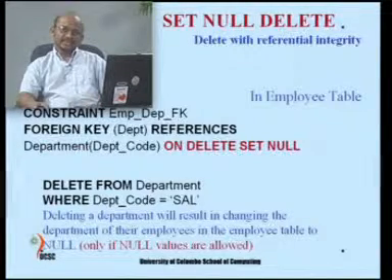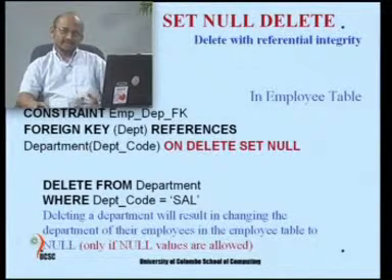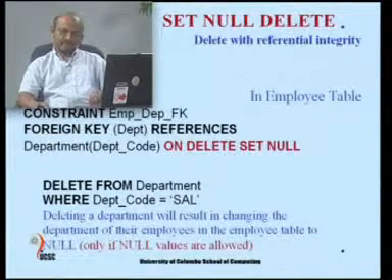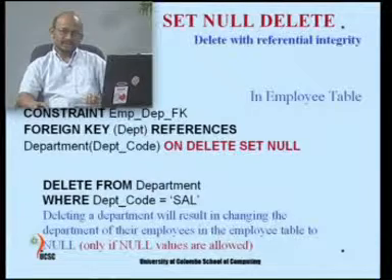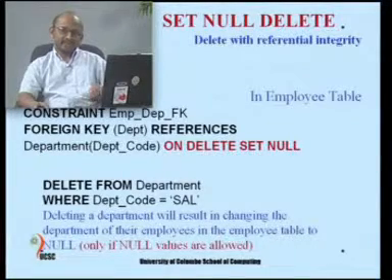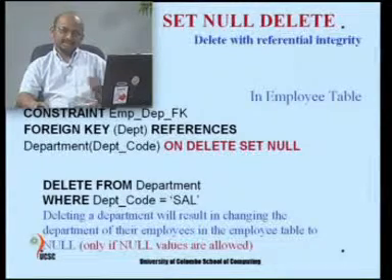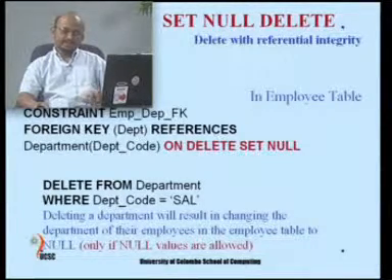Similarly to the earlier case, without deleting the employees you can assign your own value, because after deleting you do not want the sales department value to be there in the system, since there is no such department. So, you have to assign either a null value or a default value.